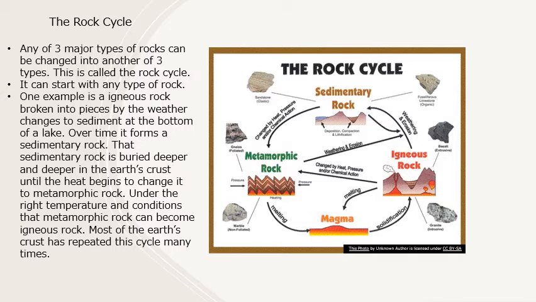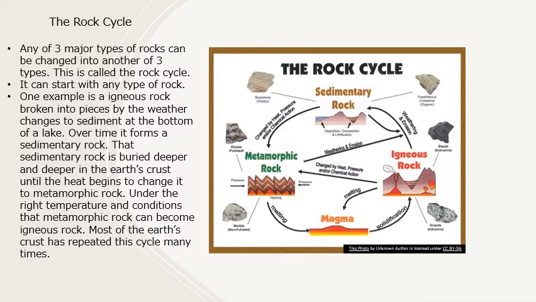Honestly, we couldn't get our stove hot enough to melt most rocks. So any of the three major types of rocks can be changed into the three types of rocks. This is what we call the rock cycle. You can start with any type of rock in the rock cycle, and it can change.